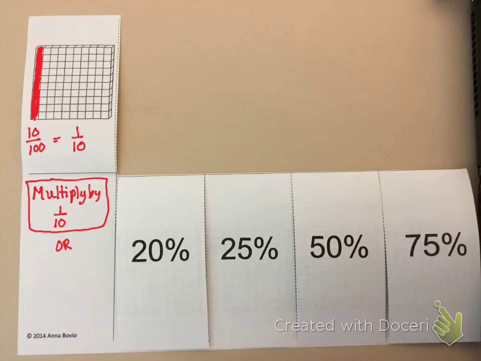The inverse of multiply is to divide by, and remember that multiplicative inverse, the reciprocal of 1/10 would be 10. I could divide by 10. So that's how I could figure out 10% of a number: multiply by 1/10 or divide by 10. Okay, let's go to the next flap.